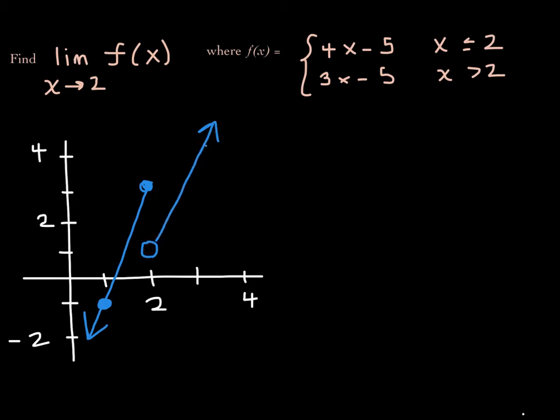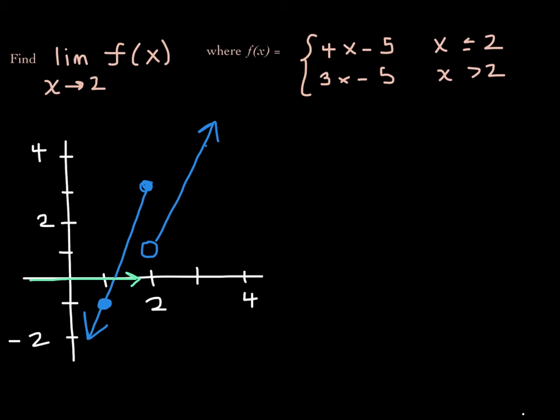Now, here we go, folks. This is a very important example. We want to know what's happening to f of x, what's happening to my function values as x approaches 2. Okay, now watch this. As x approaches 2 from the left, my function values, watch this, are approaching 3.